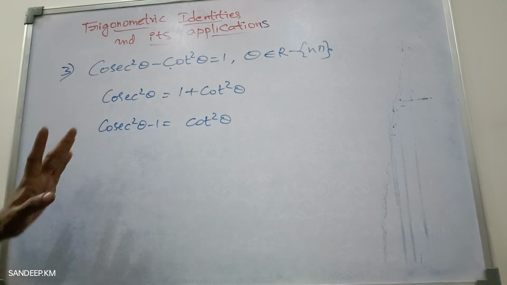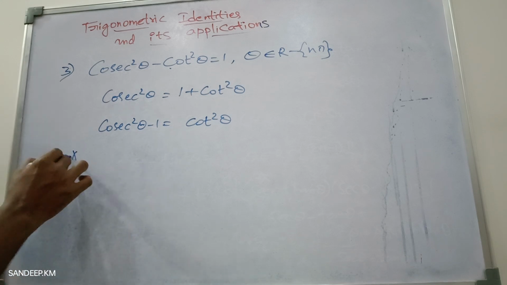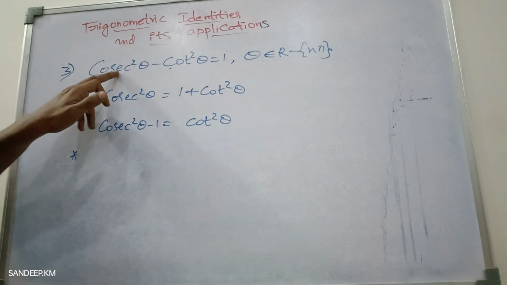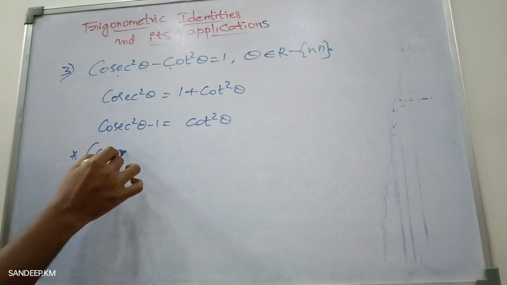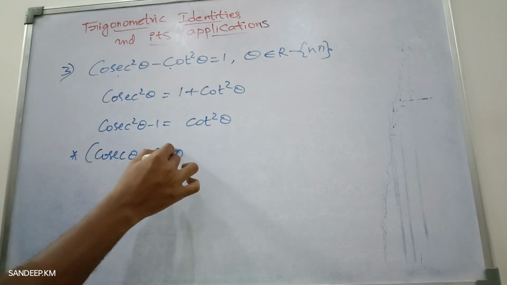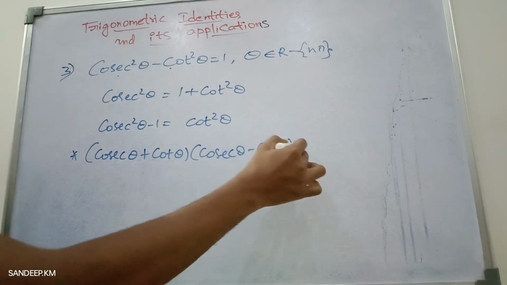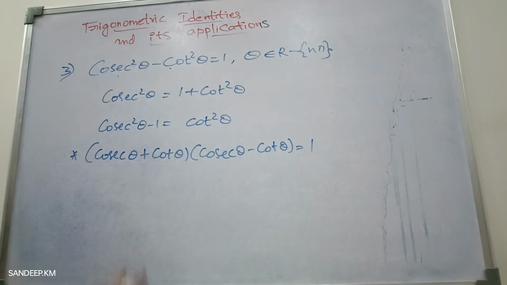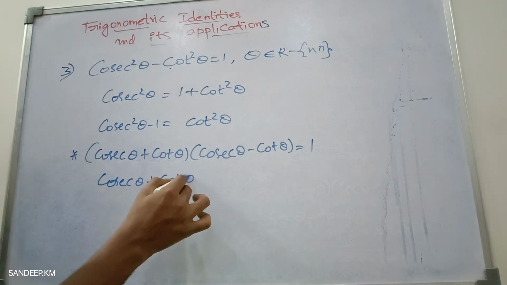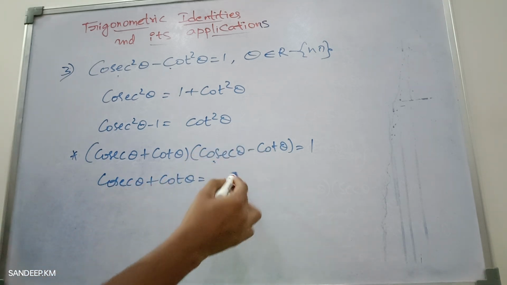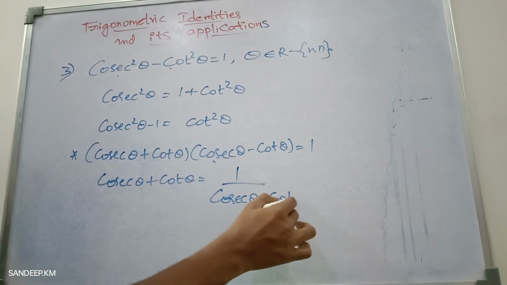Okay, so remember these two. And at the same time, dear students, as we have discussed in the previous identity, by using a square minus b square, I can factorize this as cosec theta plus cot theta into cosec theta minus cot theta equal to 1. So from this we can say that cosec theta plus cot theta is equal to, by transposing to the right side, 1 divided by cosec theta minus cot theta.